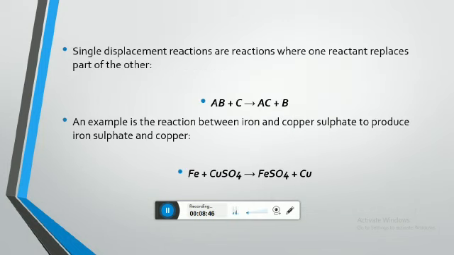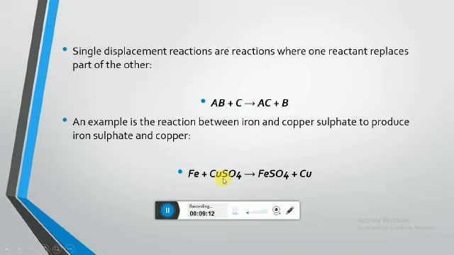As I told you, single displacement reactions are reactions in which one reactant is replaced by another: A, B and C, where B is replaced by C. In the previous slide, we discussed iron and copper sulfate. Look at this. Iron is an element which is a metal.